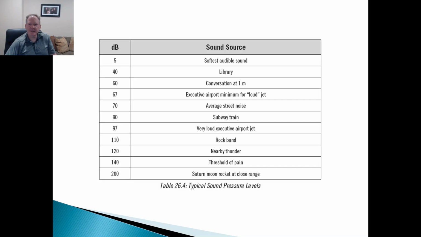I think the Seattle Seahawks up in Seattle set the record for that with their famous 12th man. But a typical conversation is 60 dB. Street noise is 70. A rock band is 110. Your ears will begin to feel pain if the sound is greater than 140 dB. So it's just a reference there.